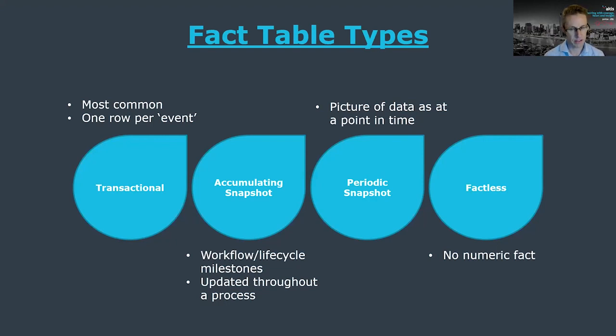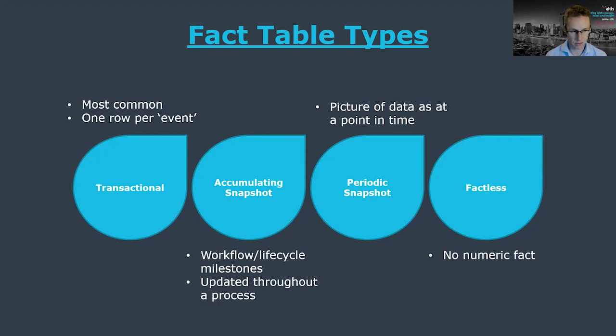The final one is a factless fact table, which is sometimes a little bit difficult to wrap our heads around because there's actually no numerical fact in them. Factless fact tables typically are used to bring all of our dimensions together related to a business process that form the relationship of what that business process is doing.